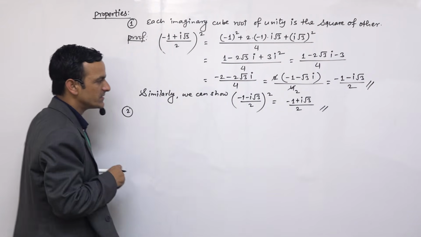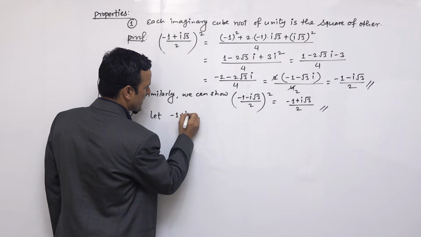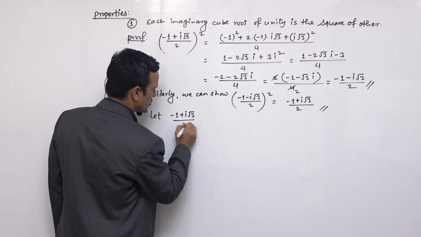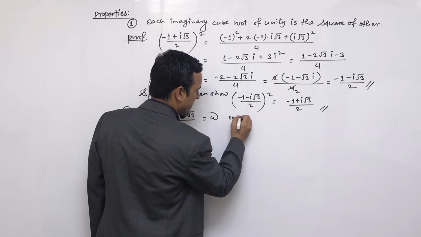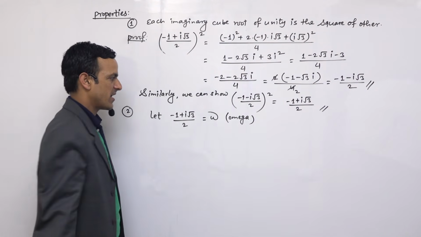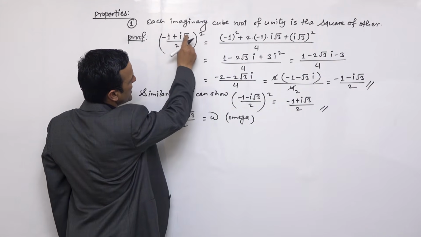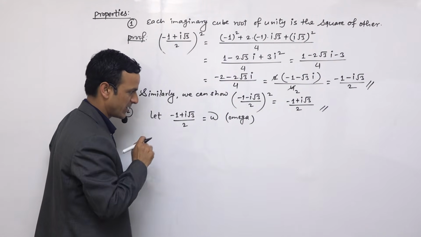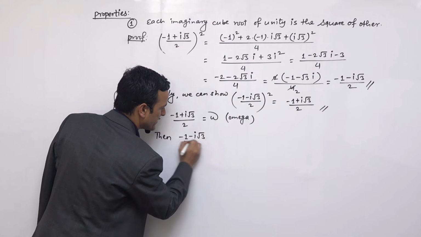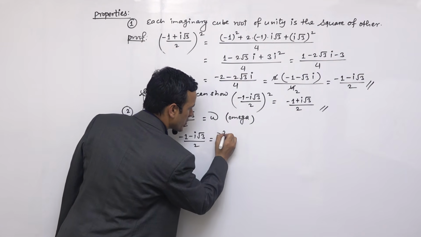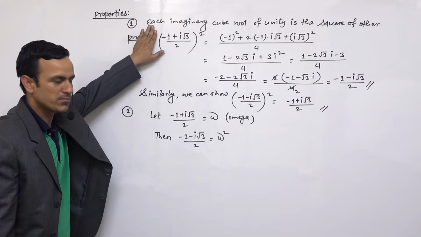Number 2. Just now, if we denote -1 plus I root 3 divided by 2 as omega, this is the sign of omega. This is omega. If we suppose -1 plus I root 3 by 2 to be omega, then -1 minus I root 3 divided by 2 becomes omega square, according to this result by property number 1.